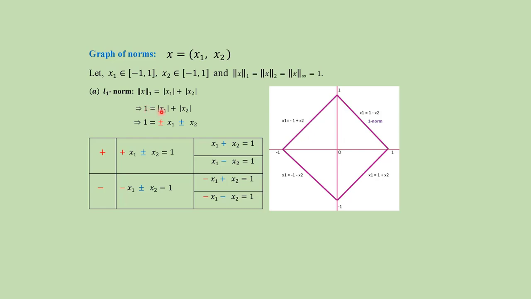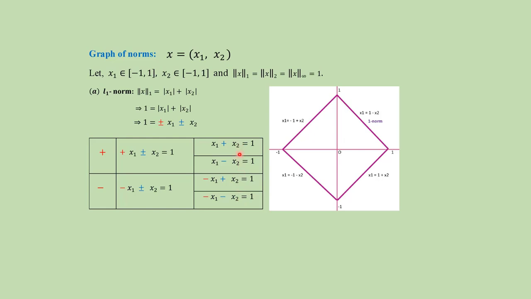And if we write without the absolute sign, then we get plus minus x1 and plus minus x2. If we consider the plus sign, then we get this equation. And if we consider the minus sign here, we get this equation. If we consider the plus sign here, then we get this equation. And if we consider the minus sign here, then we get this one. Similarly, we get this one and that one.